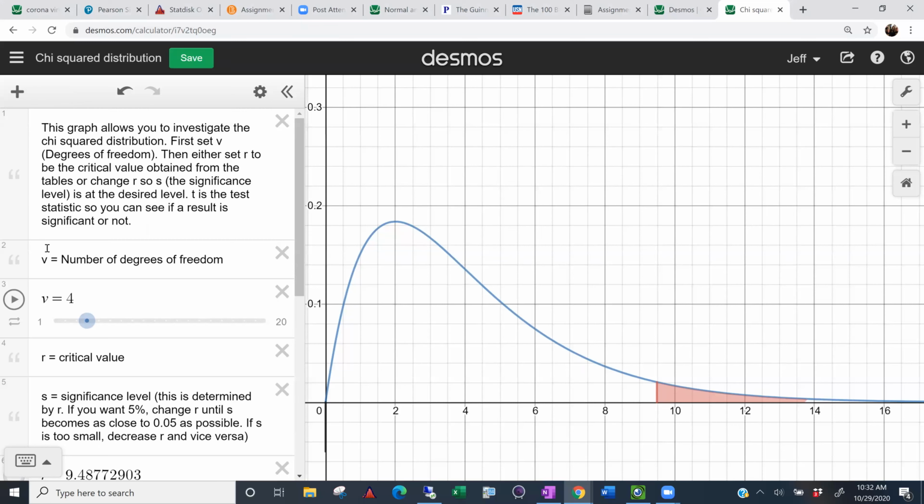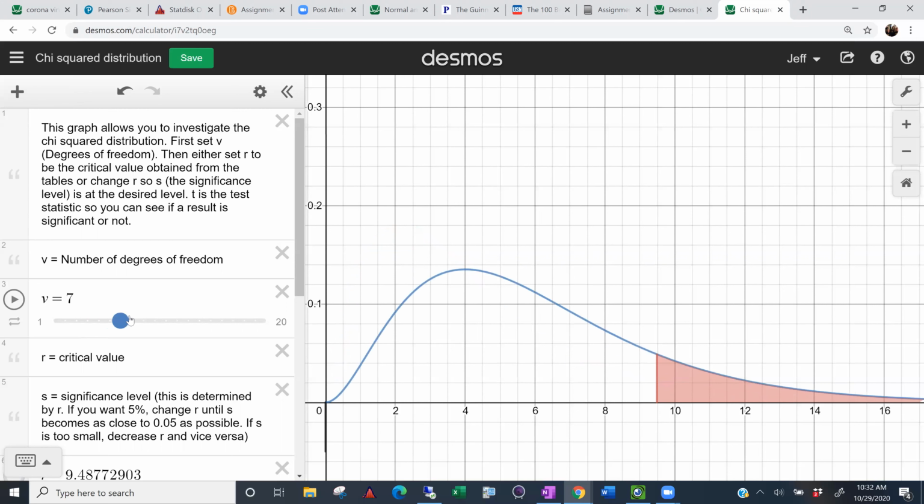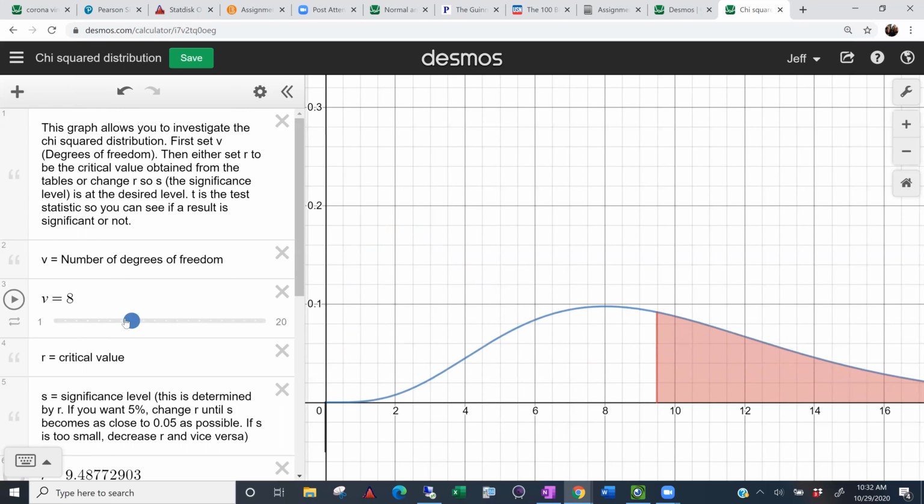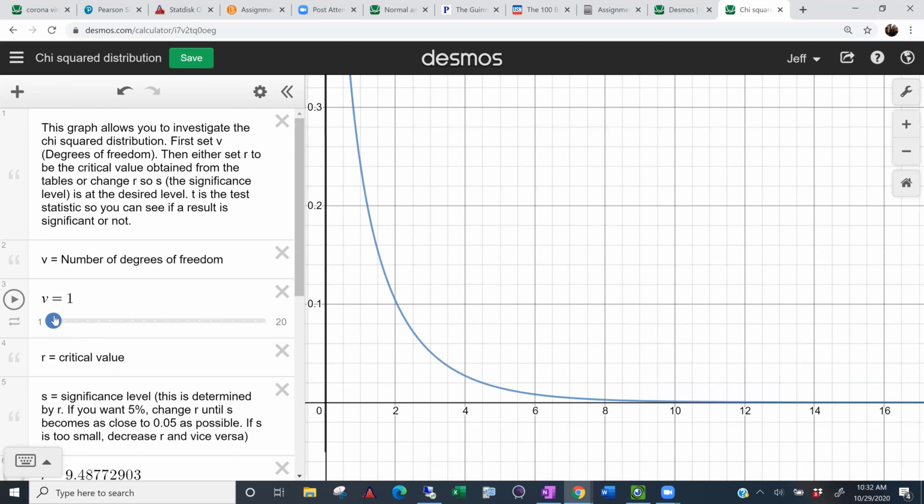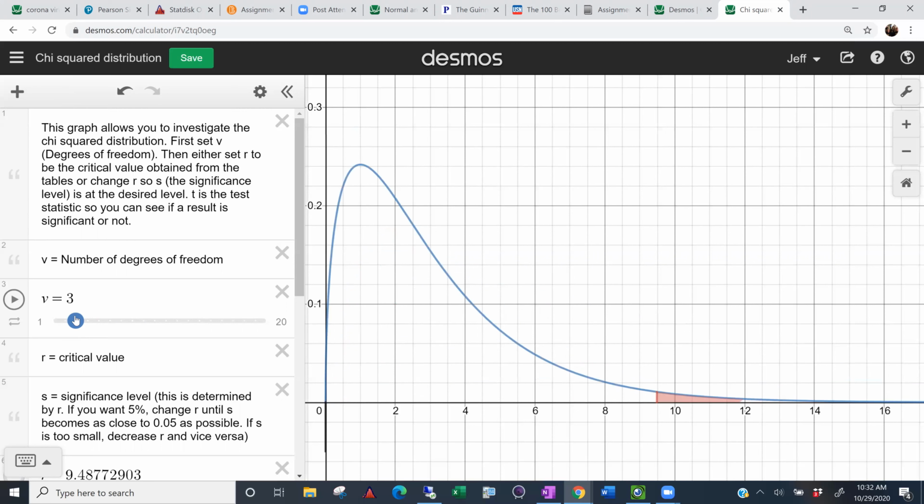Now, with the link I sent you, you can kind of play around with this and move it around a little bit, see what it looks like. So for 1 and 2 degrees of freedom, it looks really, really steep and it looks kind of funky. And then at 3, it does smooth out a little bit.